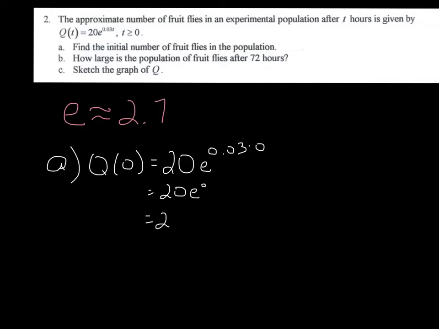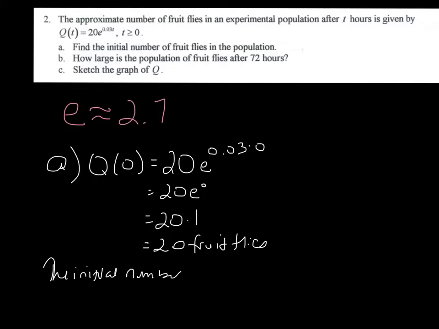E to the 0 is 1, so we get 20 times 1, which is 20 fruit flies. So we write that out. The initial number of fruit flies is 20.